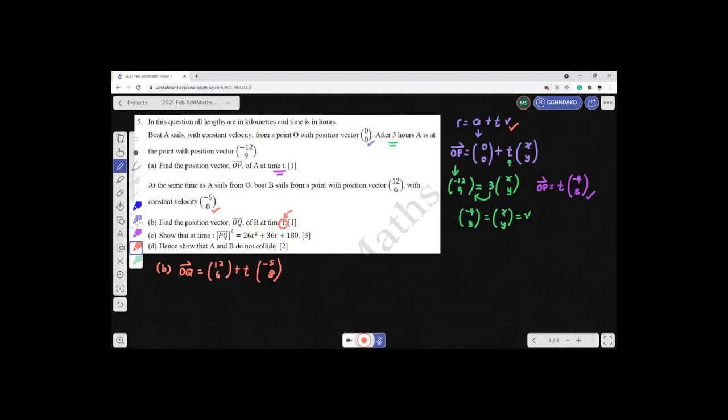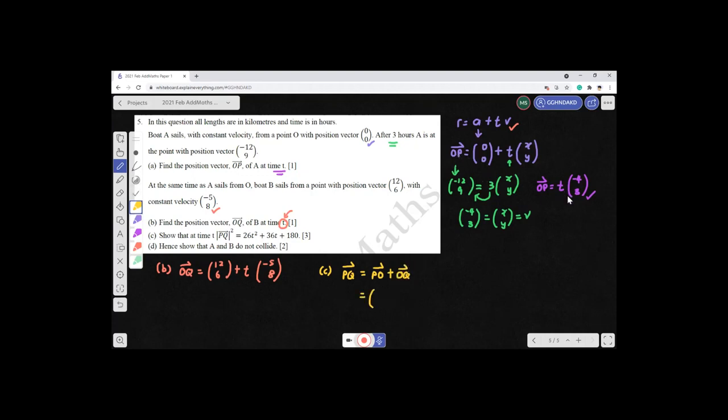And then part C and D are something a bit harder. They say C, show that at this time t, the PQ magnitude. We don't do the magnitude first. We find out what PQ is. PQ is PO plus OQ, and what is PO?